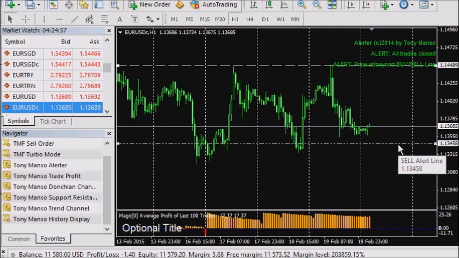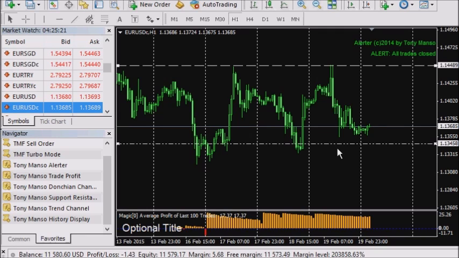You just put these lines down where you want to be alerted, you go off and do your thing. You crank up the volume on your speaker, and you can live your life while the alerter does its thing and tells you when your chart needs your attention. Right? It's very cool.